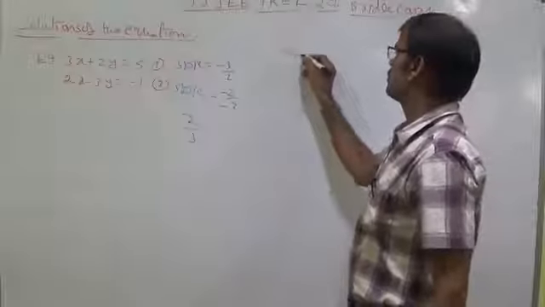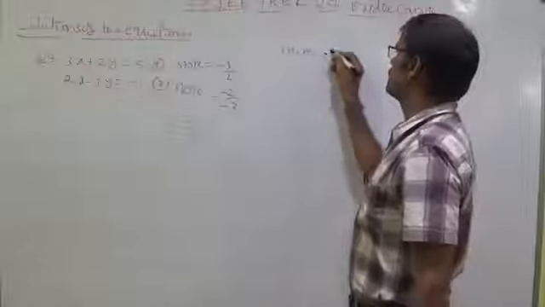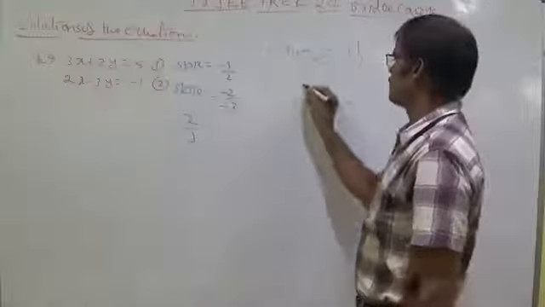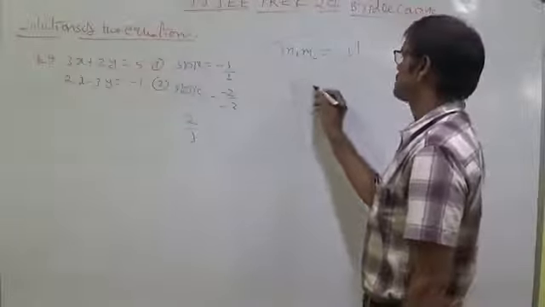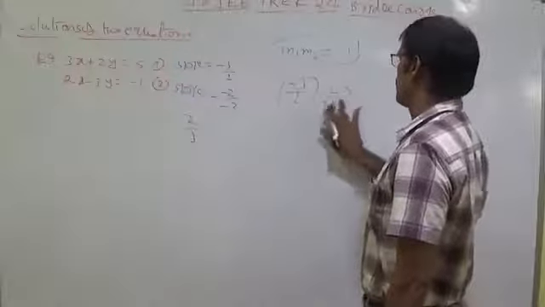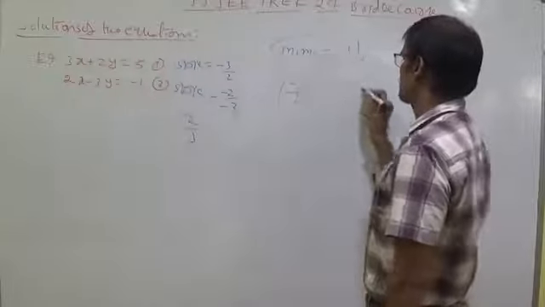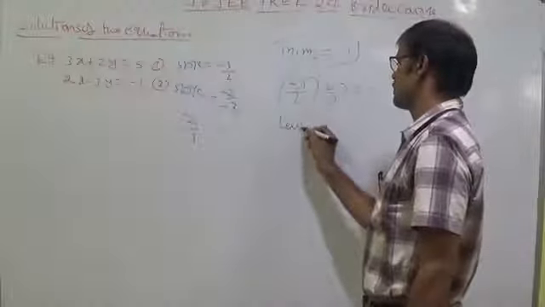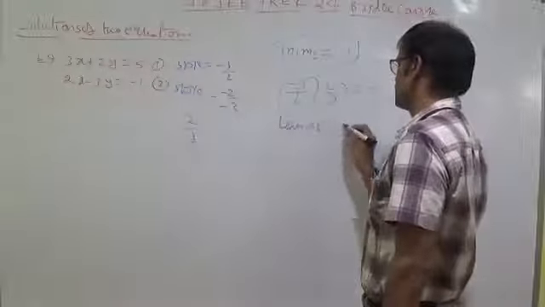If M1 into M2 is equal to minus 1, here minus 3 by 2 into 2 by 3, what will happen? 2 gets cancelled, 3 gets cancelled, it is minus 1. Therefore, the lines are perpendicular lines.